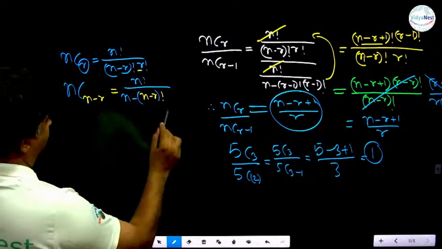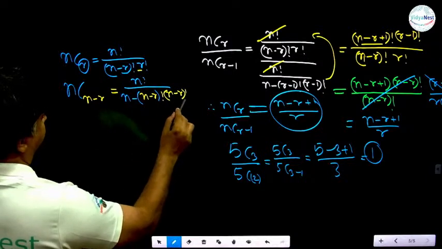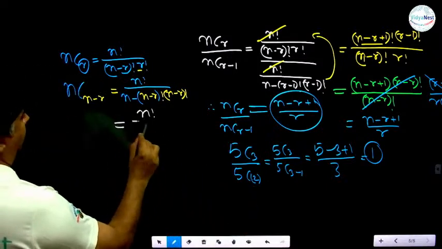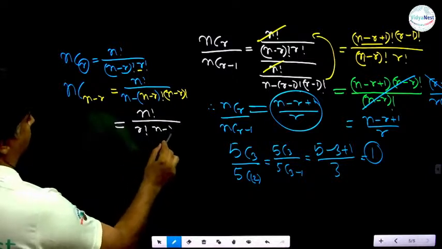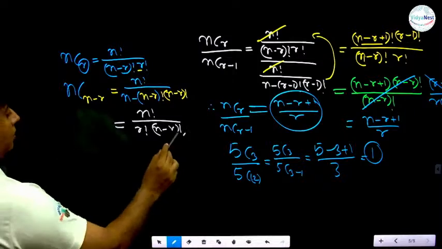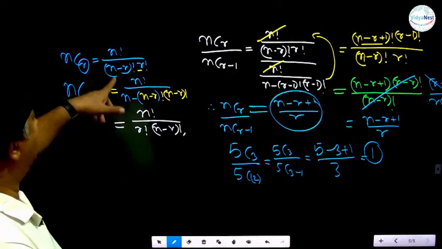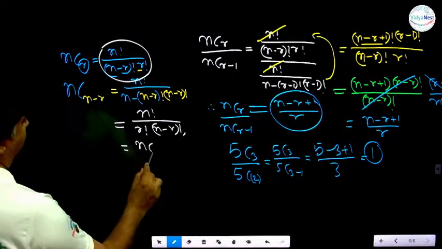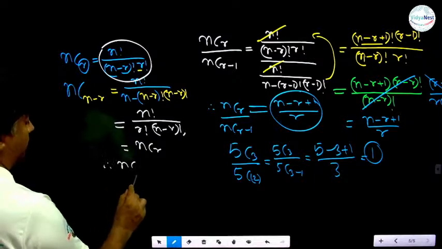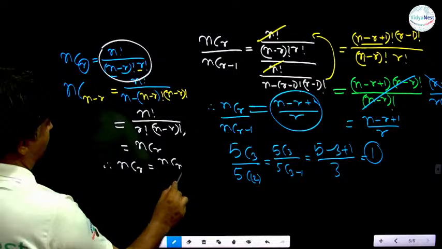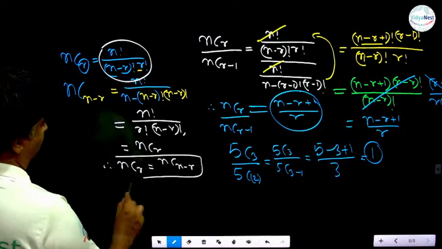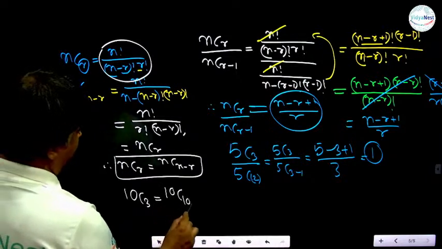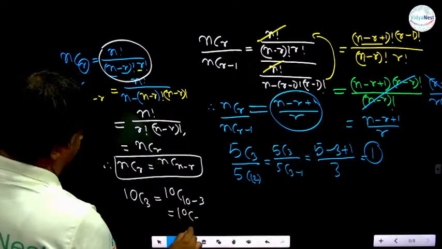In place of r, n minus r. Now remove the bracket. Factorial n, factorial r. So we were stunned that even after manipulating in this way, the result remains the same. So we have come to the conclusion nCr is equal to nC(n minus r). Suppose you have 10C3, it means 10C(10 minus 3), that is 10C7. Understand?